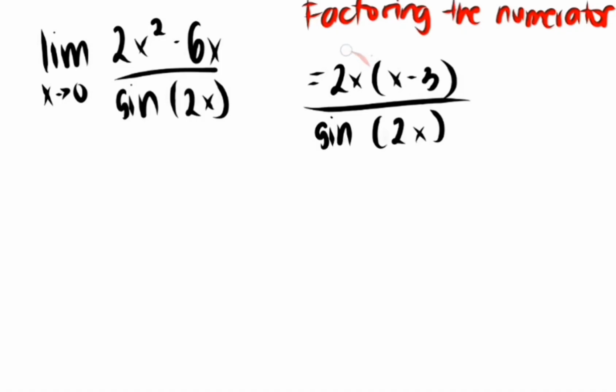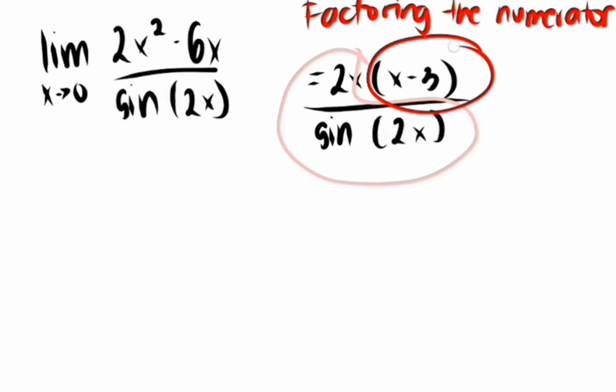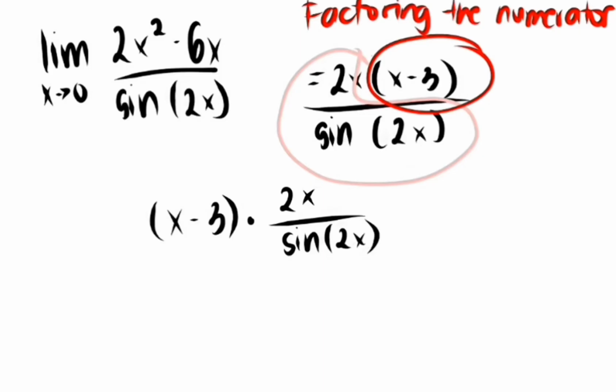We can separate this 2x over sine 2x from this (x minus 3). Now it will become (x minus 3) times 2x over sine of 2x.